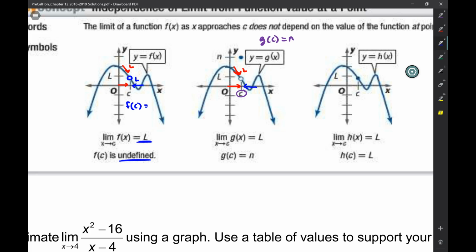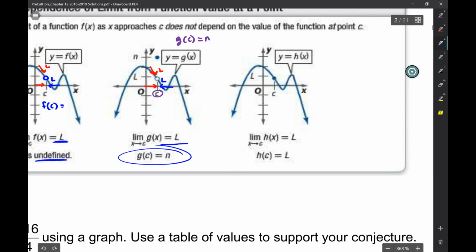L. From the left-hand side, it's approaching L. From the right-hand side, it's approaching L. The limit is L, but the actual value is N. Again, the limit and the actual value have no effect on one another.